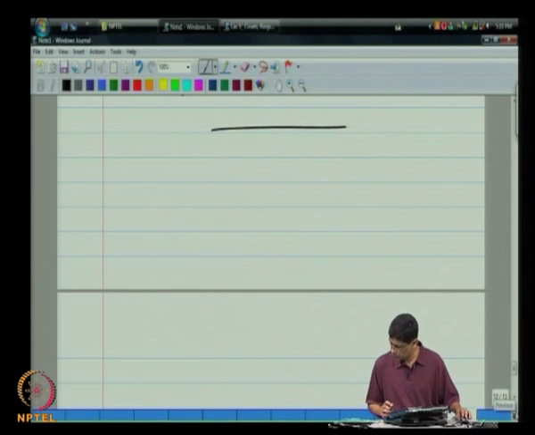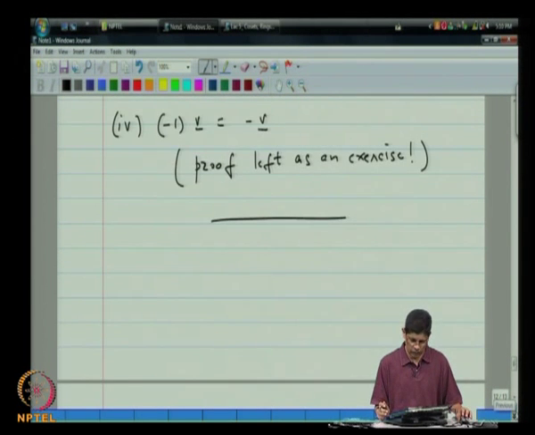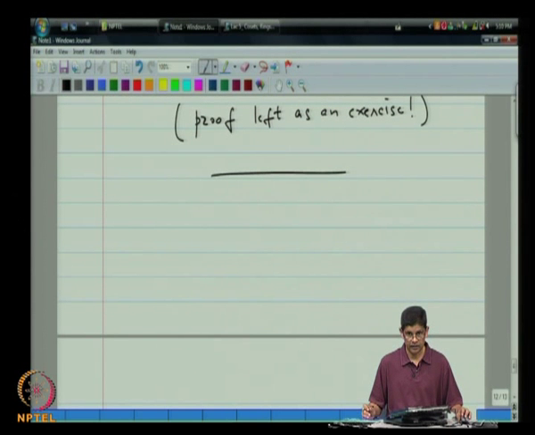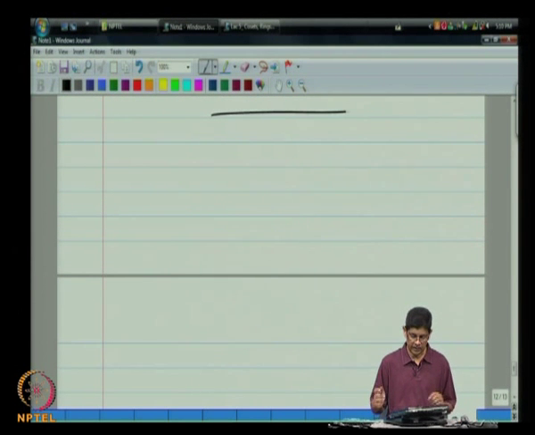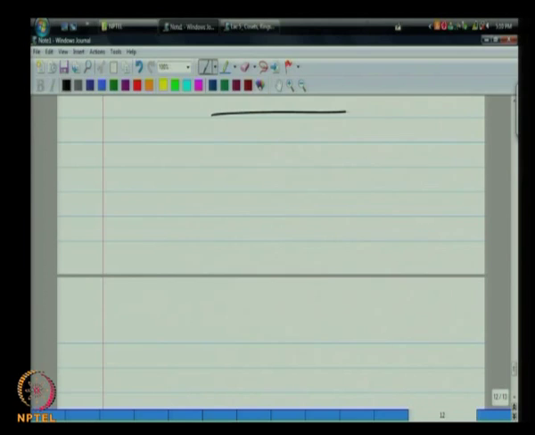Now, what we want to do is look at instances when a larger vector space contains a smaller vector space. So, I will illustrate with a picture.